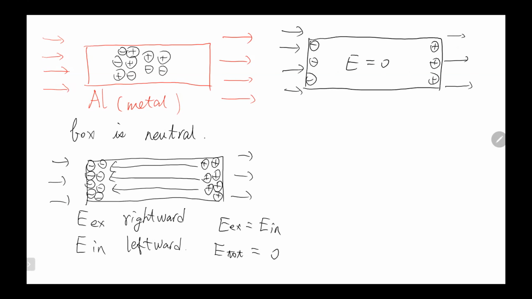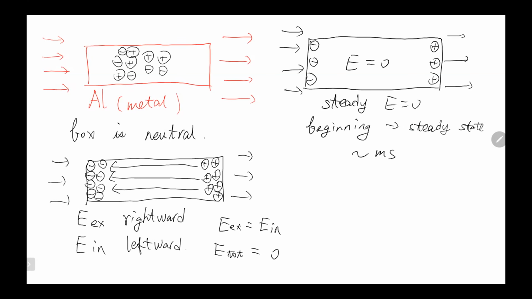And this process is very quick. We said at the steady state, E is equal to 0. From the beginning to the steady state, this process is very quick. It takes a millisecond to reach the steady state.